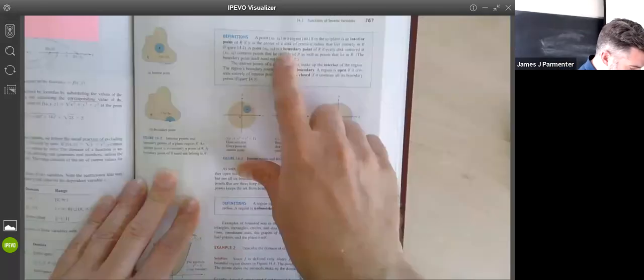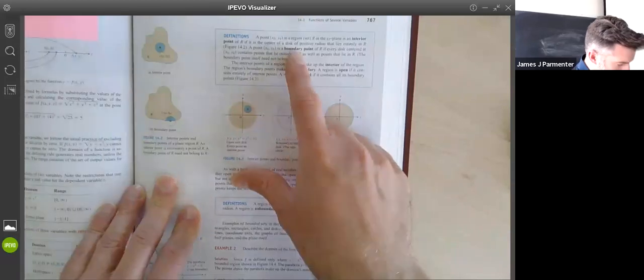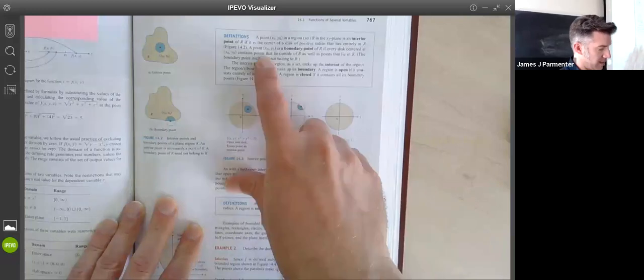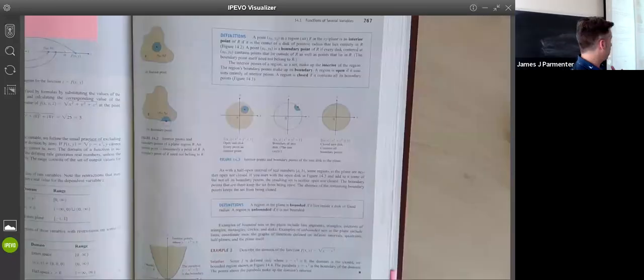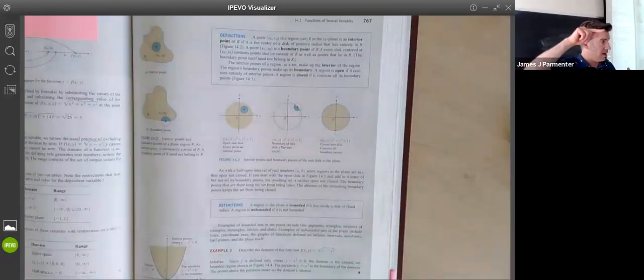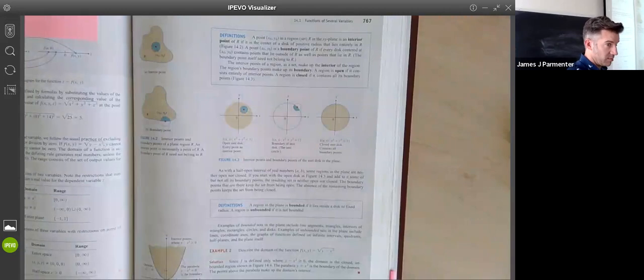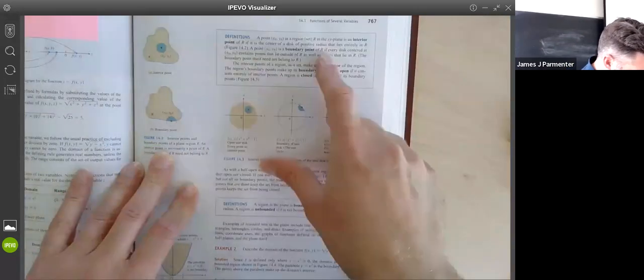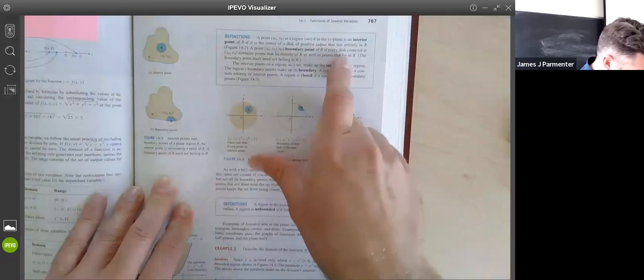Then we also have a boundary point of R if every disk centered at the point contains points that lie outside of the set. So that was like when we had the edge of the circle. If we drew a point there and drew a circle around it, you always got points that were outside of the set as well.